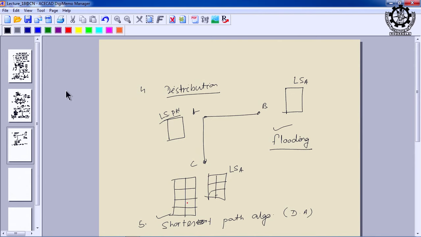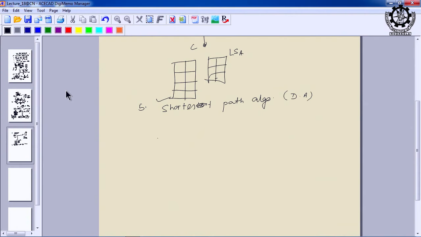the count to infinity problem of the distance vector algorithm is eliminated? Remember the case of the count to infinity problem of the distance vector algorithm: A, B, C, D and E, 5 nodes were there, and there was a link to X which was disconnected.